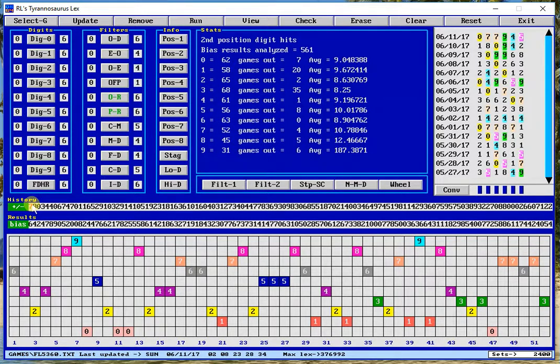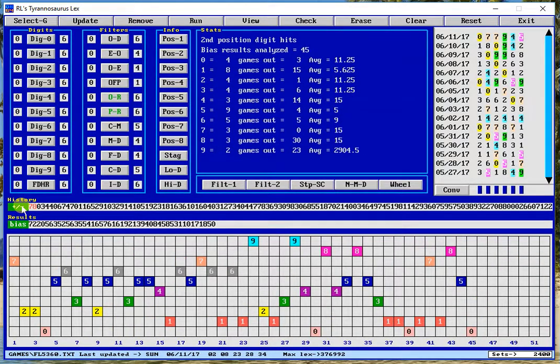So I highlighted a 1, and all these numbers have followed basically the 7. And I mean, it's every possibility. But if you say what numbers have followed a 78, then it comes down a little bit and it'll show you how many games out and what their averages are.